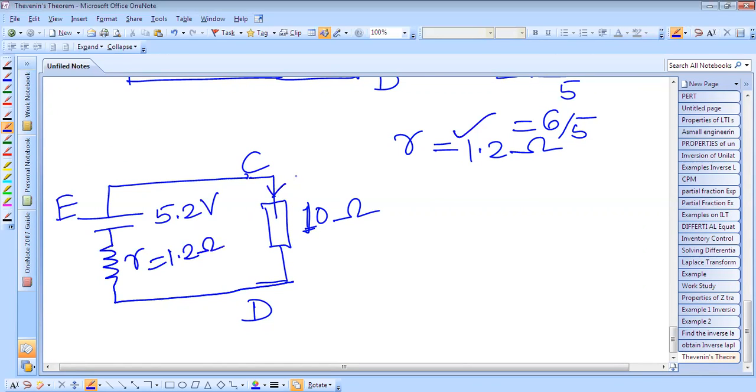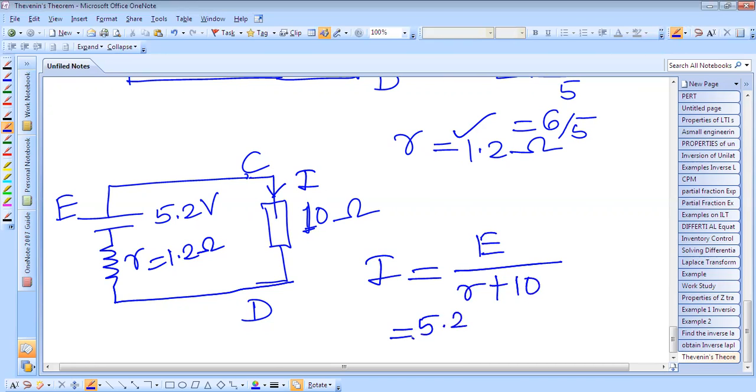Now we have to find the current flowing through this load resistance. I is equal to, what is the voltage across this loop? It is E over r plus R load. This is E is 5.2 divided by r is 1.2 plus 10.